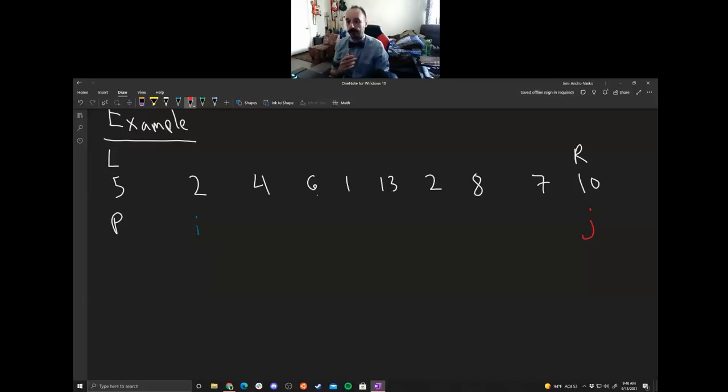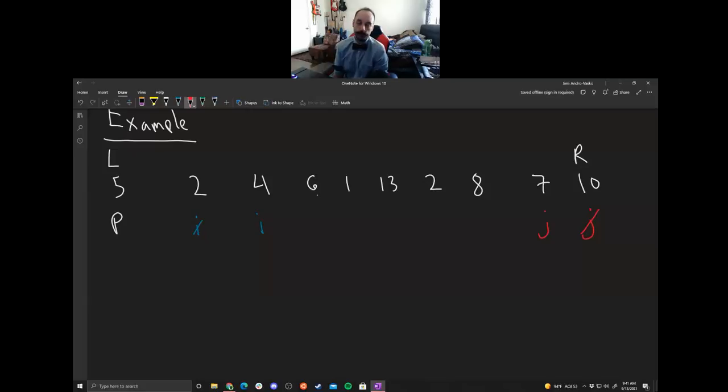So first check. I and J haven't crossed, so we have to run this partition loop. We're not done with it. We check: the element at index I is less than the pivot, so we move I by one element to the right. Then the J element contains 10. It's larger than the pivot, so move J over by 1.